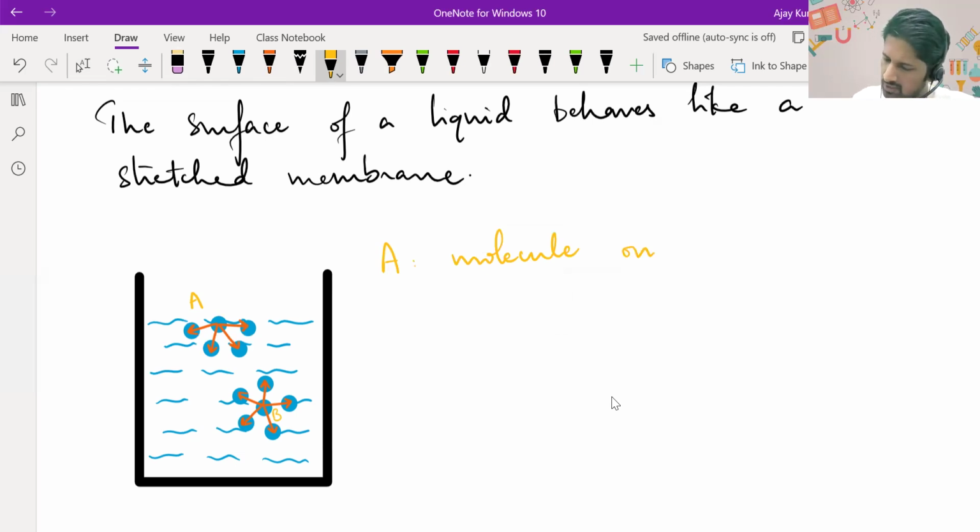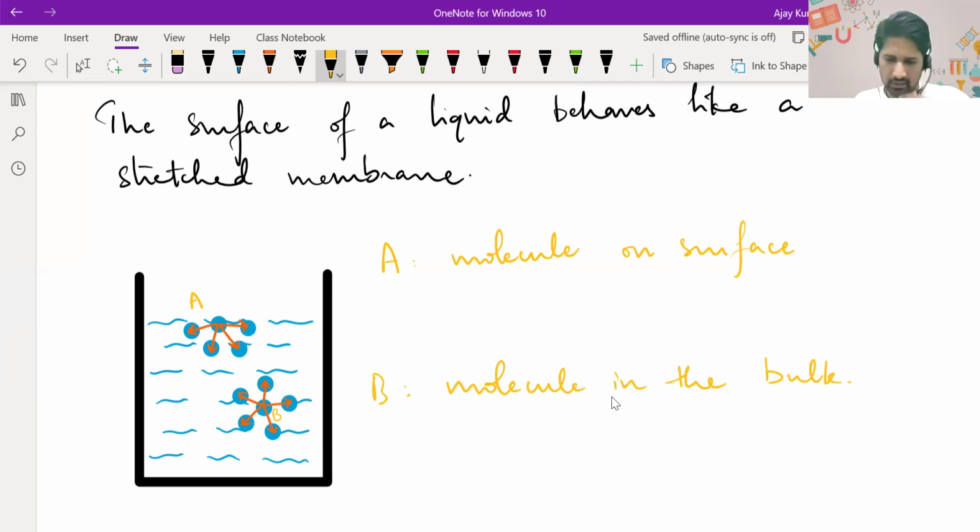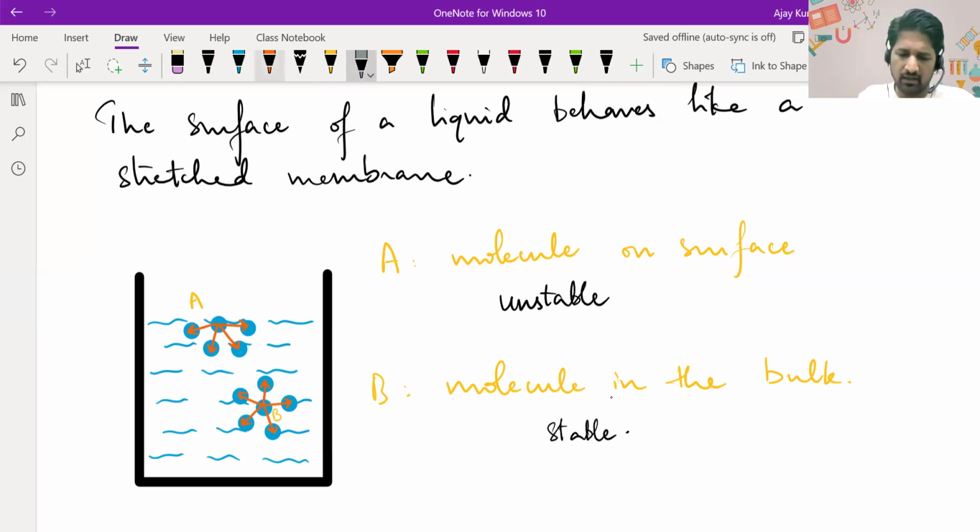A is a molecule on the surface, B is a molecule in the bulk of the liquid. We can tell that A is relatively unstable compared to B. Generally, you might have learned in chemistry also, what does being unstable mean? Does it mean the system has high energy or low energy?